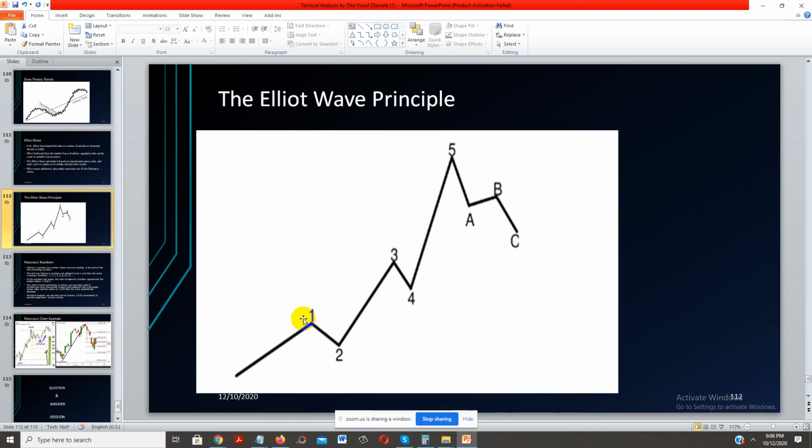That correction is more like 50% of the wave one. So for people who want to know where to enter the next move, you can use your fib tool, and if you're able to detect that this is wave 1, check between 60 to 50% of that first move to know where your entry will be. So this Elliott wave also helps you to detect support and resistance.